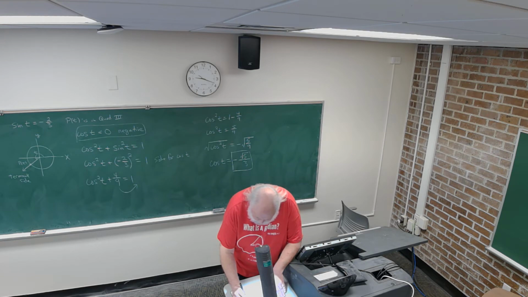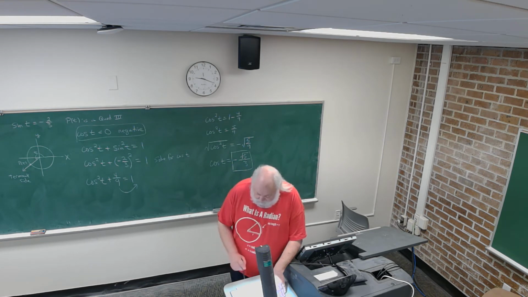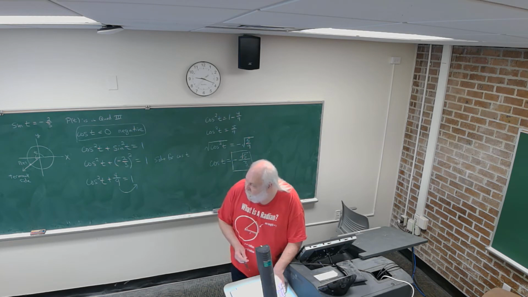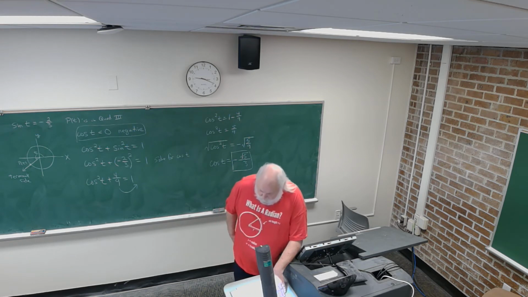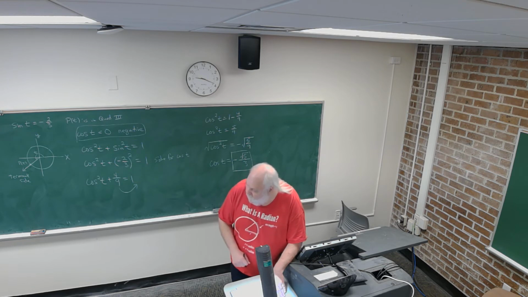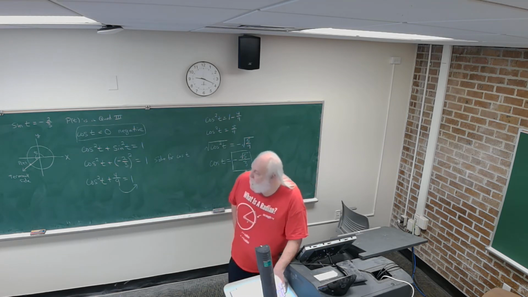So if both the terminal side and the initial side are on the positive x-axis and there's no rotation from the initial to the terminal, that's the angle 0 radians, or 0 degrees. On the other hand, if we completely rotate the initial side to the terminal side one complete revolution, then that is the angle 2 pi radians, which is equal to 360 degrees.